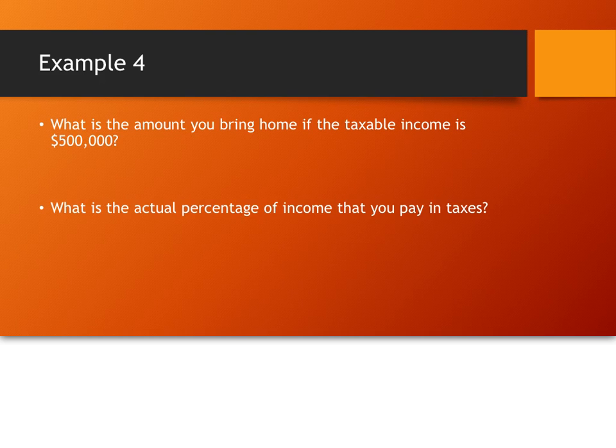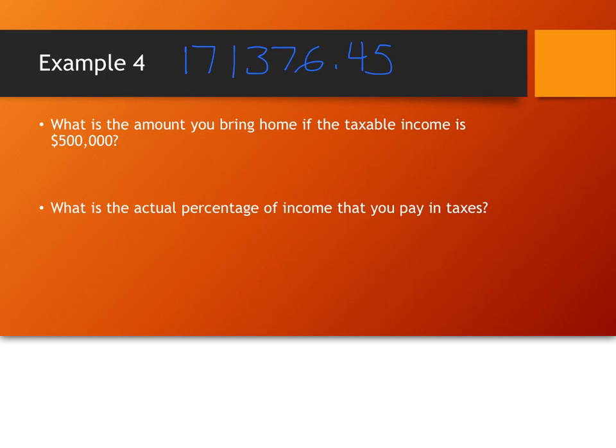Alright, so you should have done that. And again, this is 500,000. We had 171,376.45. That's how much we have to pay in taxes if you make 500,000.